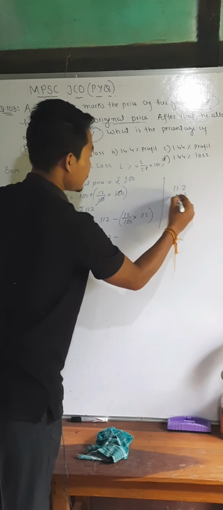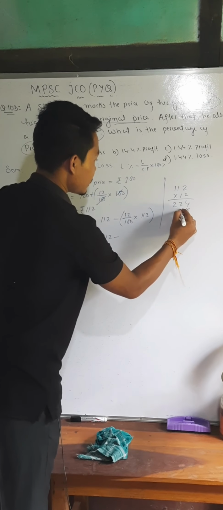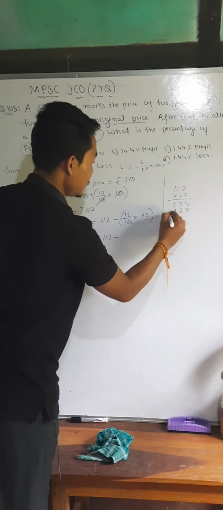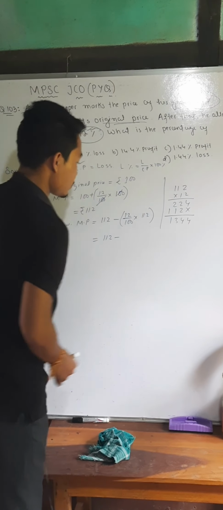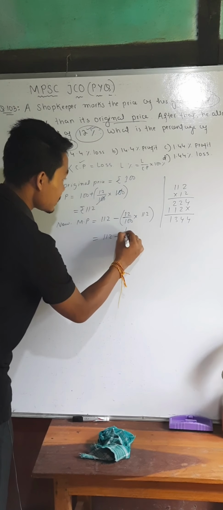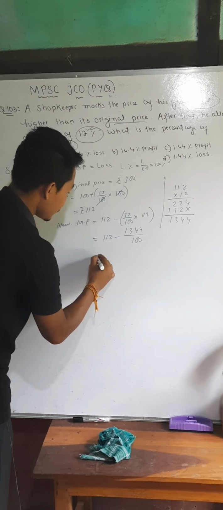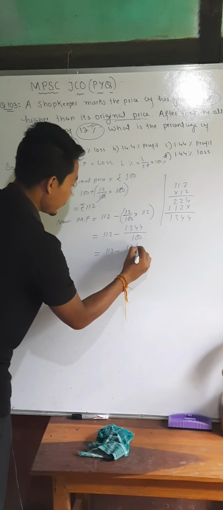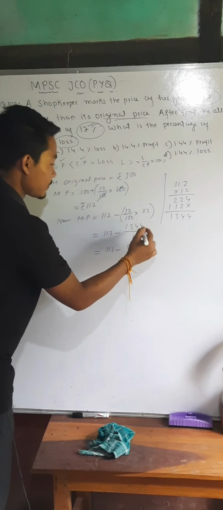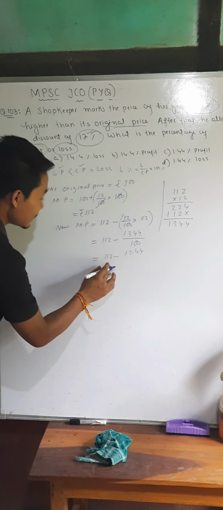112 into 12 gives us 1344. 1344 divided by 100 gives us 13.44. So it will give us 112 minus 13.44. Now what will be the new price?